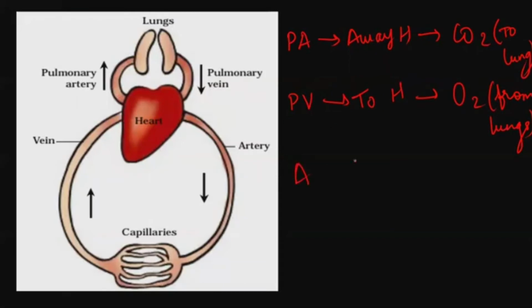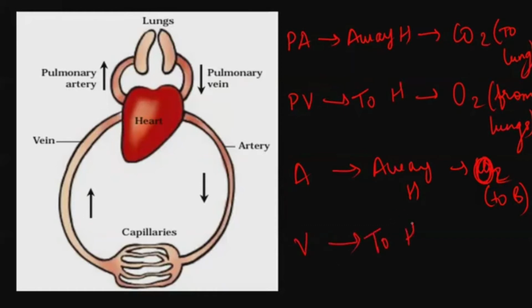Now, normal arteries, they carry blood again away from the heart. It is oxygenated, and it is through the various parts of the body. And veins, they carry blood to the heart. It is deoxygenated blood from the various parts of the body.